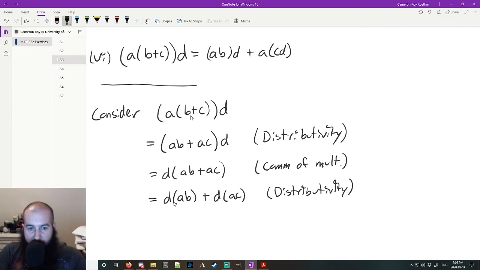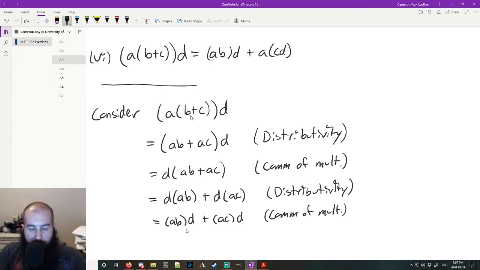Now we just need to use commutativity of multiplication and associativity of multiplication within these pieces to reorder them to this. So first I'm just going to swap the D's to the other side in both terms with commutativity of multiplication.